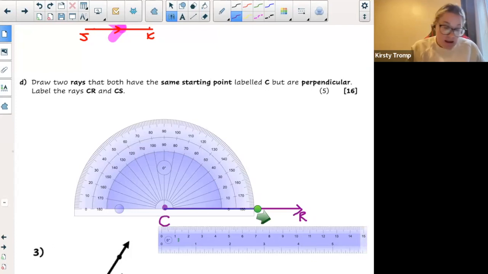I'm going to take my pen again, and I need to do it so it's perpendicular. We said earlier on perpendicular meant 90 degrees. So I need to go from 0 all the way to 90 degrees.